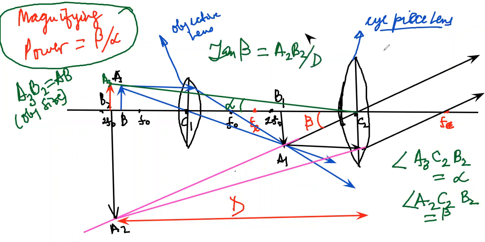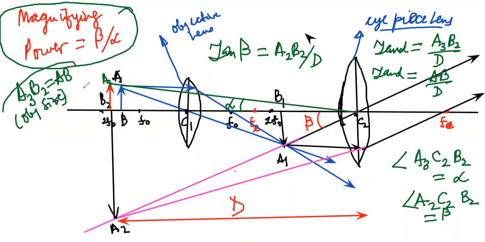And similarly, I can obviously write tan alpha equal to A3 B2 divided by D. Now tan alpha can also be written as AB by D, because I have already discussed that A3 B2 is equal to AB. Now tan beta is nearly equal to beta, and tan alpha is nearly equal to alpha.